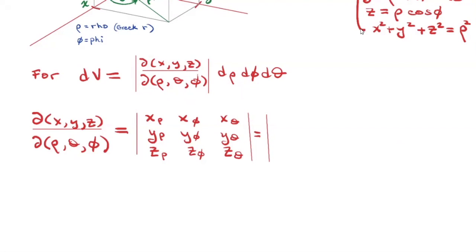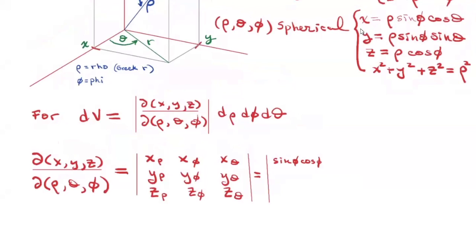So x with respect to rho is sine phi cos theta. Okay. x with respect to phi is going to be rho cos phi cos theta.